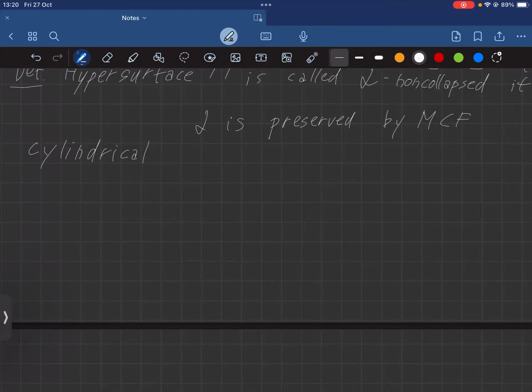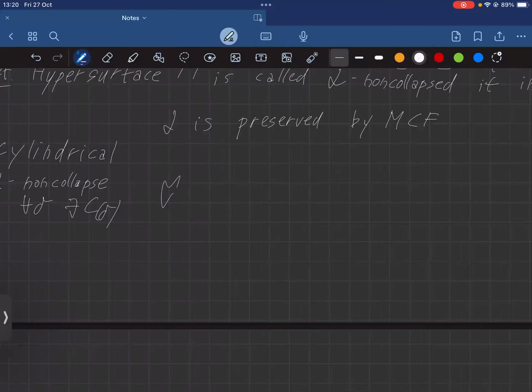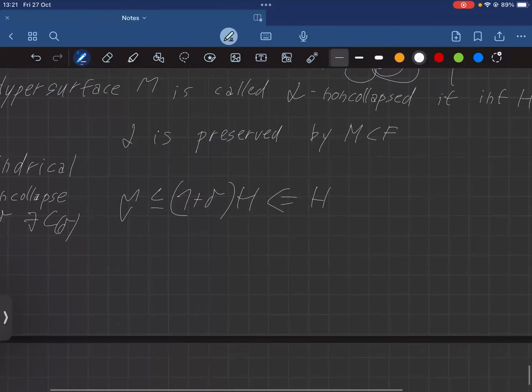He proved that when we have an alpha non-collapsed hypersurface, then for each delta there exists C delta such that mu is less than or equal to 1 plus delta times H whenever the mean curvature is greater than C delta.